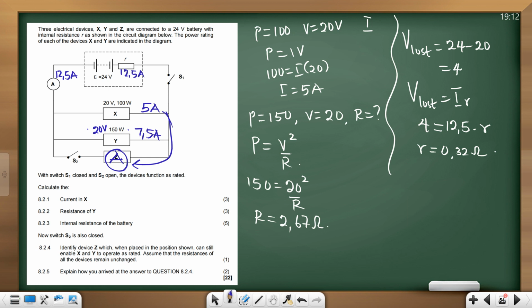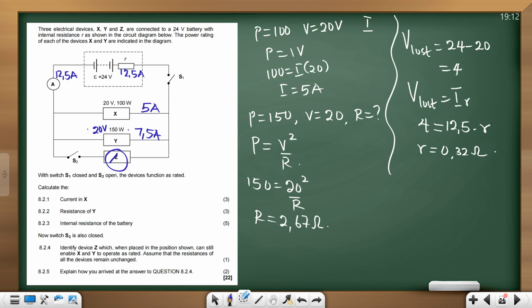Now, once we draw all the current, this thing is no longer going to be 100 watts. In fact, it will be 0. But they said we want the device to operate as rated. It means we must not affect the voltage and we must not affect the current. So this can only be what?